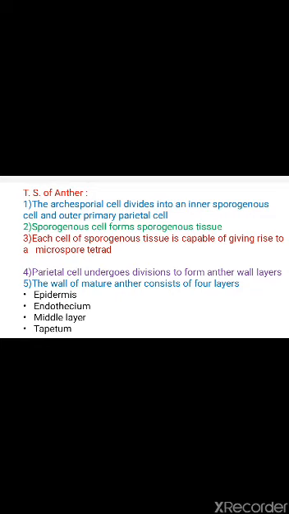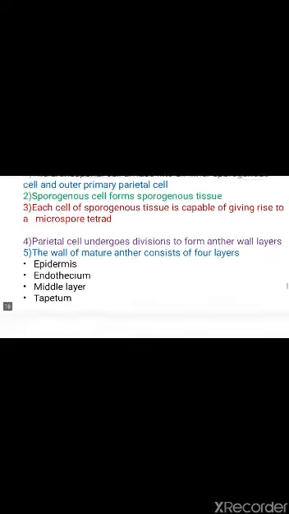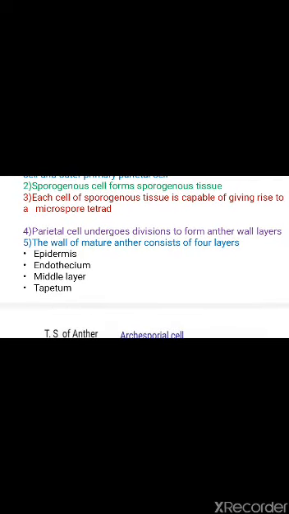The parietal cells undergo division and form the anther wall. So this anther wall consists of 4 layers: epidermis, endothecium, middle layer and tapetum.